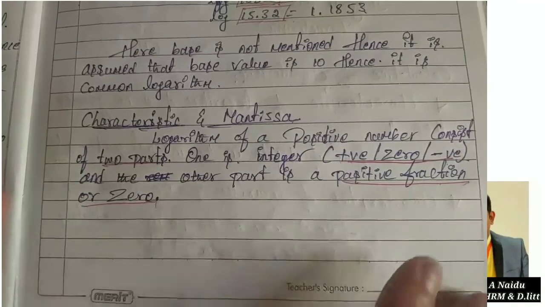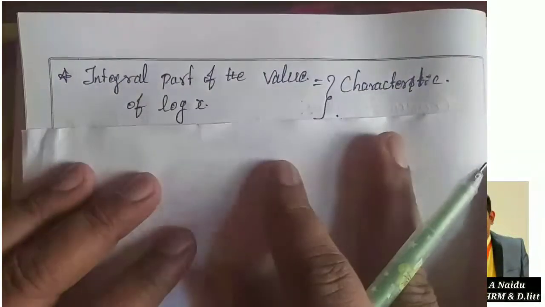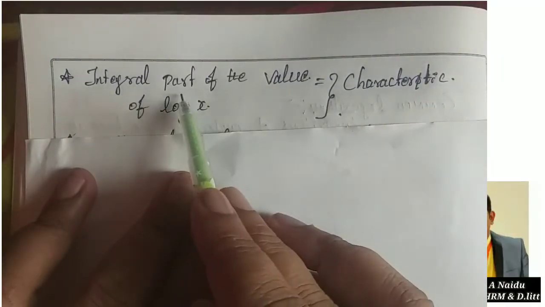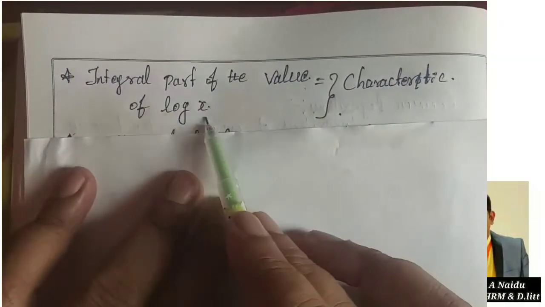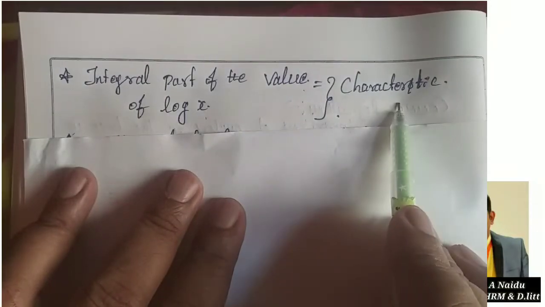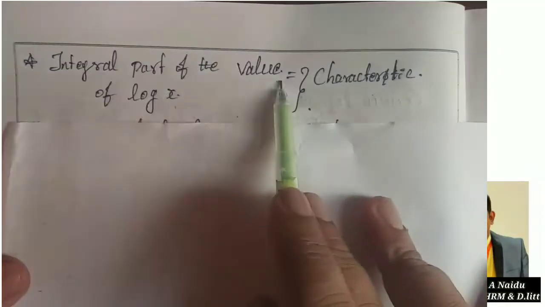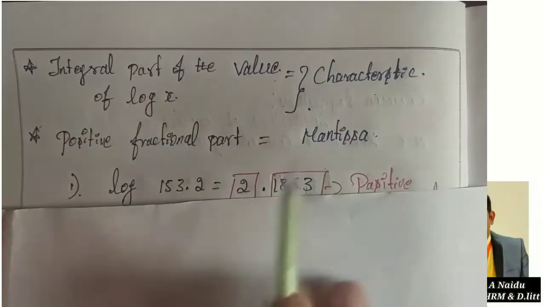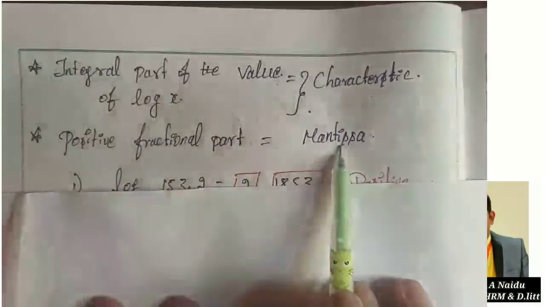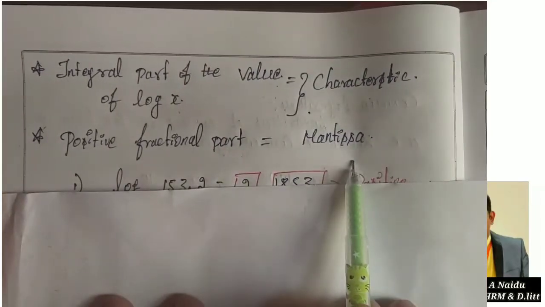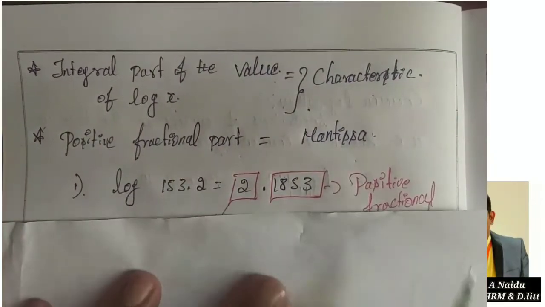Now I'll teach you how it works. The integral part of the value of log x is called the characteristic. Getting my point? Next, the positive fractional part is the mantissa.